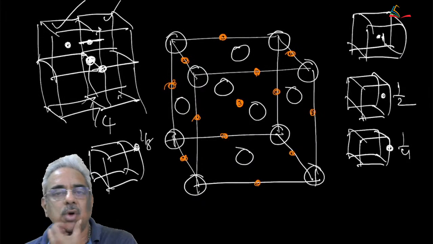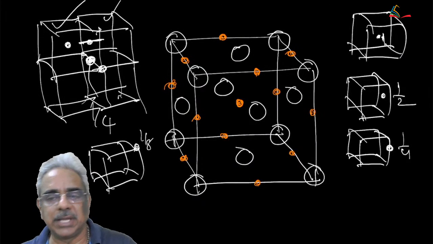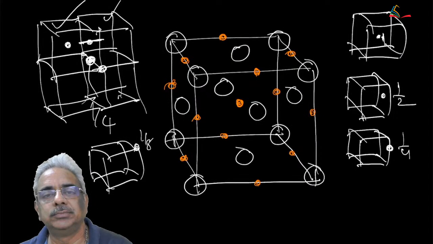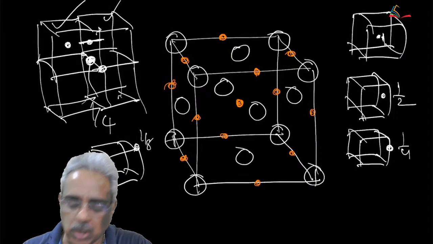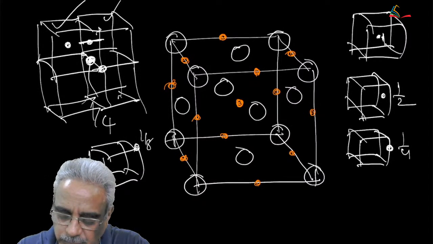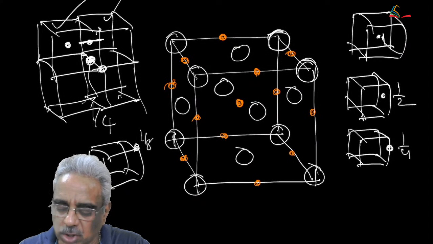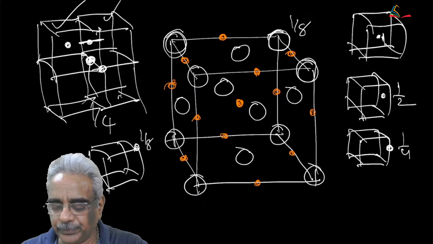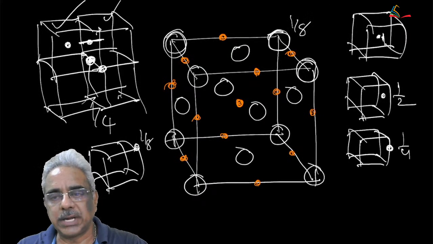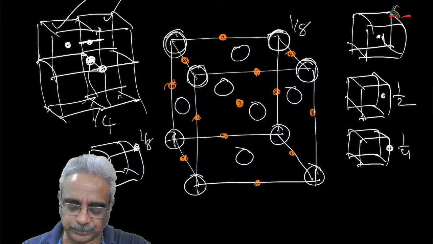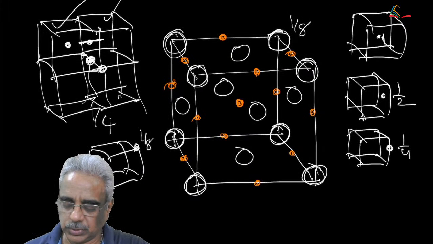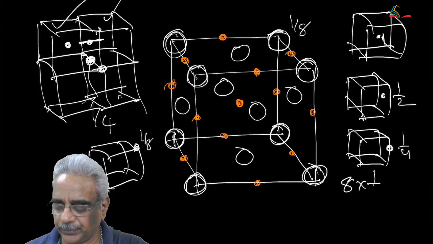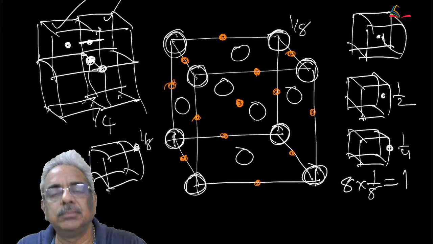Now let us count how many sodiums and how many chlorides are there in this unit cell. Where are you seeing chlorides? Corners. Corner means how much should you count? 1/8. How many corners are there? 8 corners. So 8 into 1/8 will make 1 chloride.